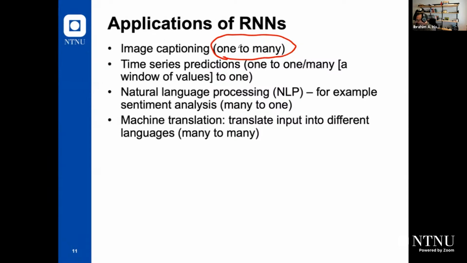In this case it is one-to-many, because we feed it one image, and the output should be a text, so the output is a sequence. In the case of time series prediction, it could be one-to-one or one-to-many, in fact, because I can feed it one value and predict a future value, or I can feed it a sequence.